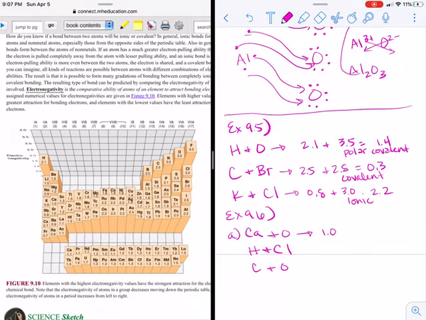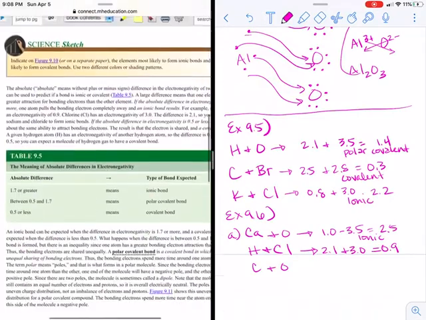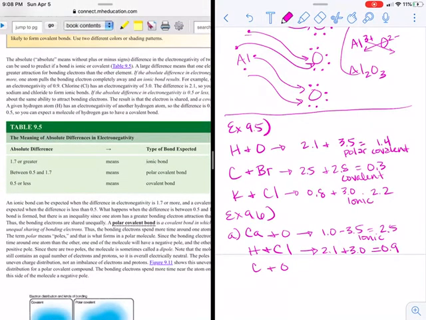All right, let's go back up here and see what we've got. So we've got calcium, which is 1, and oxygen, which is 3.5. So you end up with 2.5. So that's going to be ionic. Hydrogen is 2.1 and chlorine is 3.0. So that's 0.9.